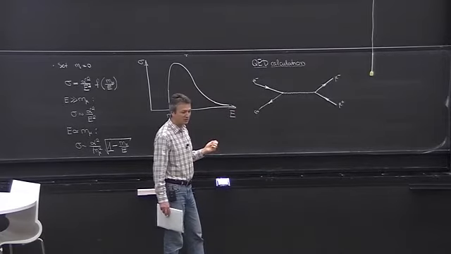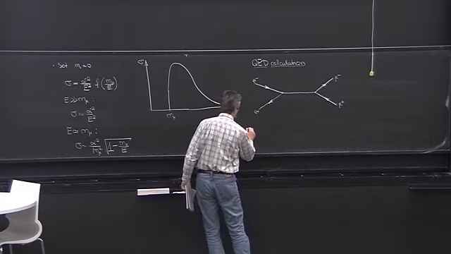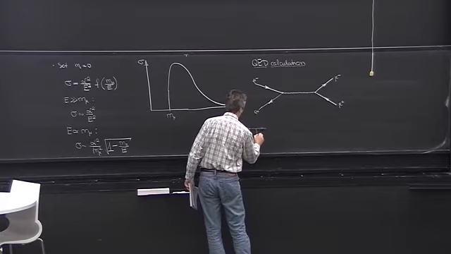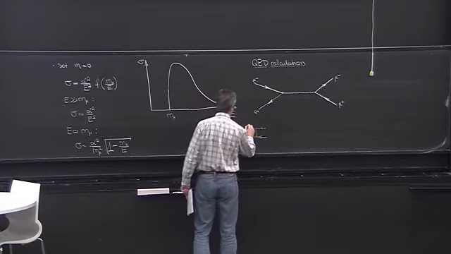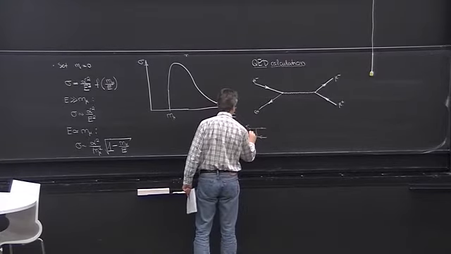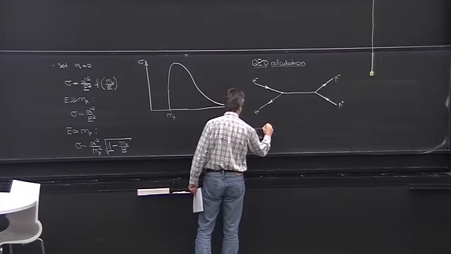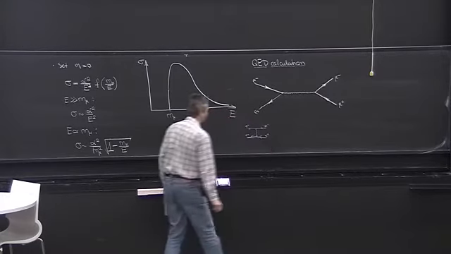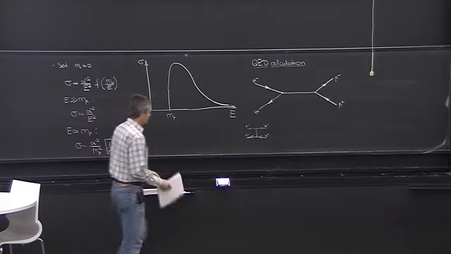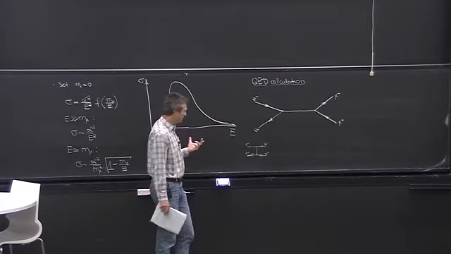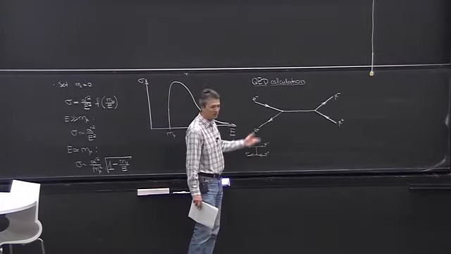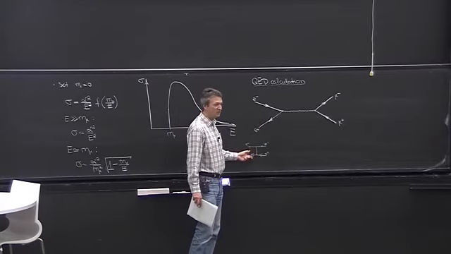Yes? So the other diagram I mentioned is this one. So for Møller scattering, we would have two diagrams. And then the calculation for Møller scattering will be more complicated mathematically because there will be interference between these two diagrams.